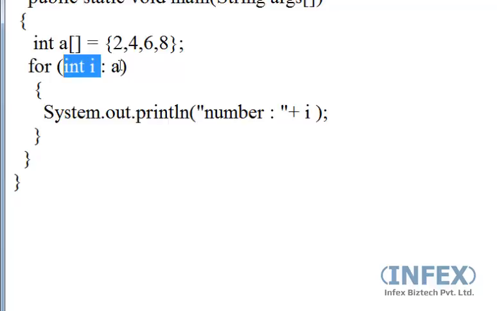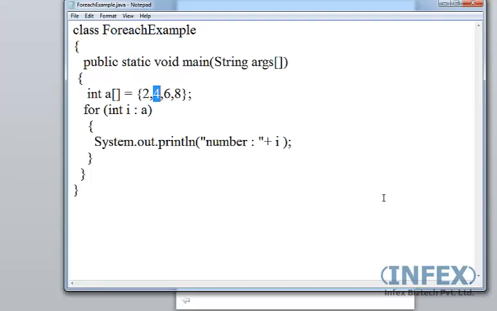Here in each loop, A's value will be assigned to integer variable I. In the first loop, value 2 is assigned to integer variable I. In the second loop, value 4 is assigned to integer variable I. And this loop will be terminated when all the values of the array are assigned to integer variable I.